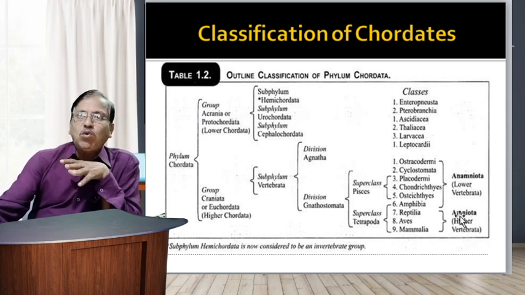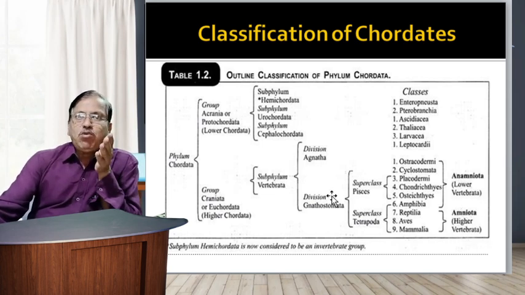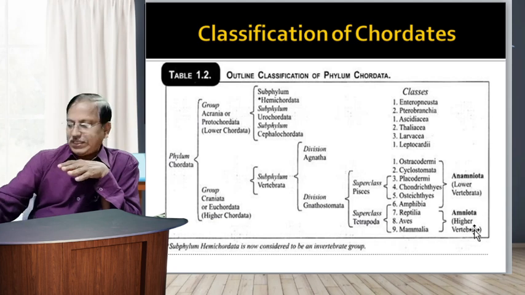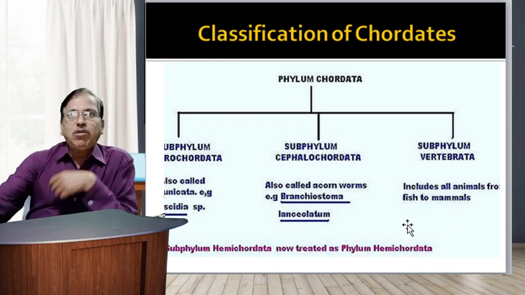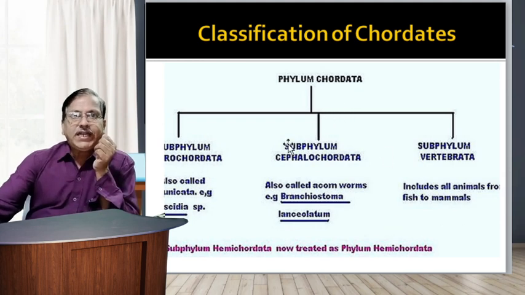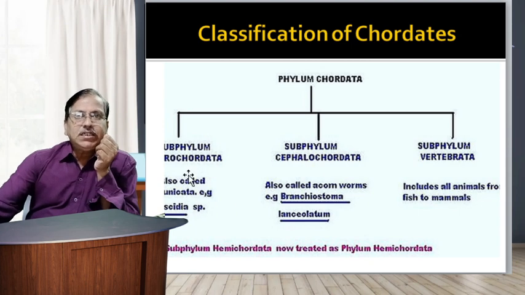So there are two groups, the same as for lower chordates and higher chordates, here lower vertebrates and higher vertebrates. Next, from the classification point of view, the phylum Chordata is divided into three subphyla: Protochordata, Cephalochordata and the subphylum Vertebrata.